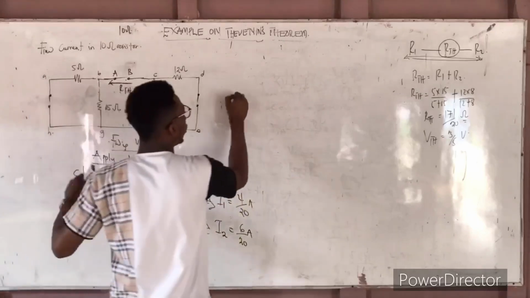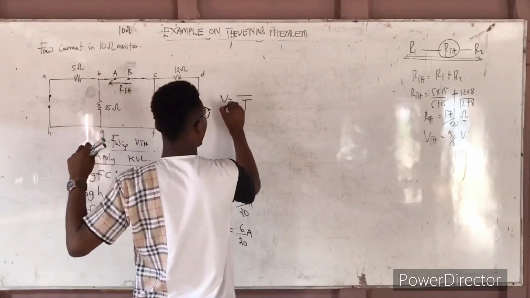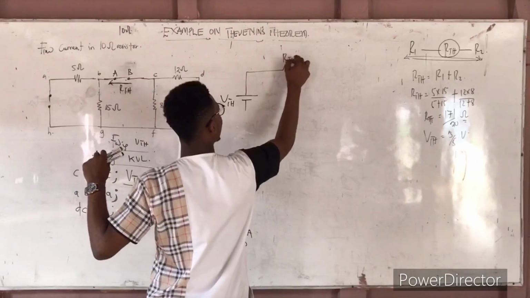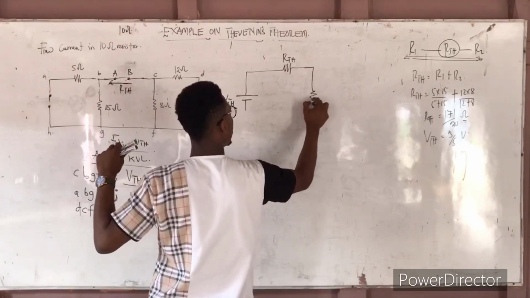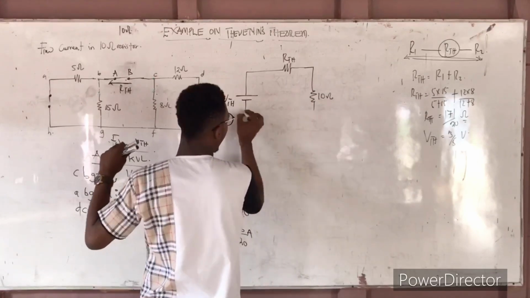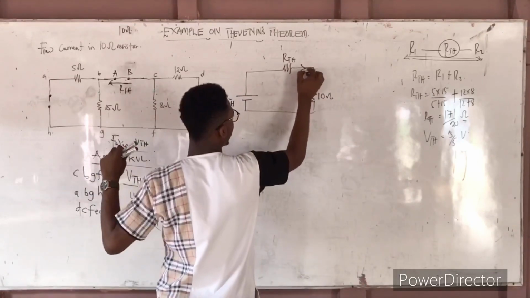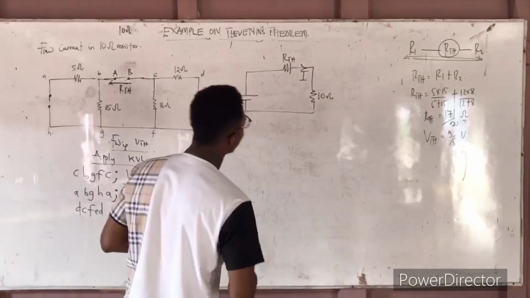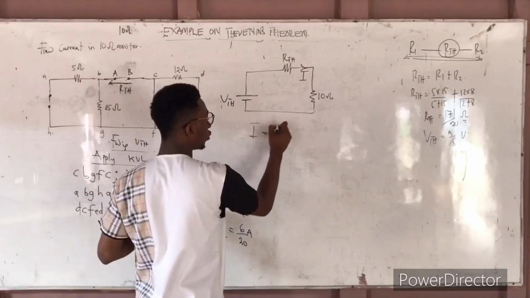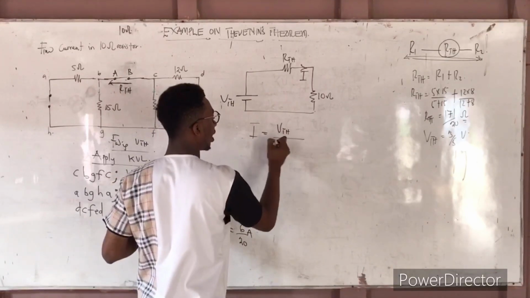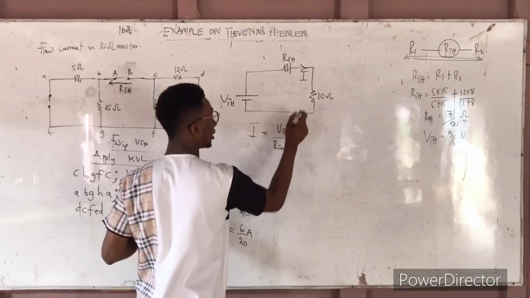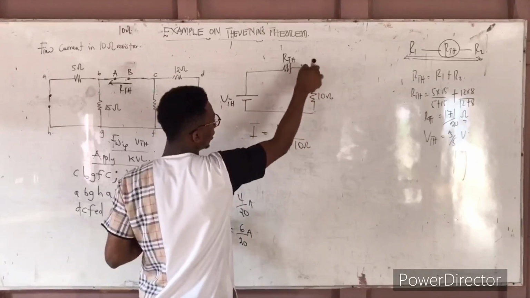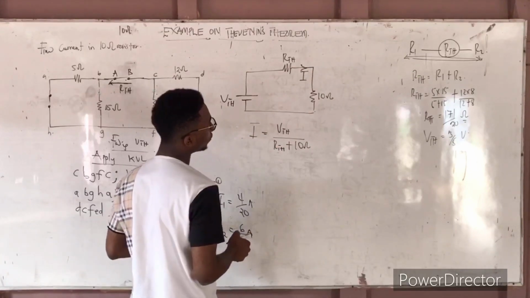So now, we draw our circuit: the VTH, the RTH, and we introduce our 10 ohm resistor. Let's call the current that passes through I. Then I is simply equal to VTH over RTH plus the resistor, because we are in series, so the same current will pass through.